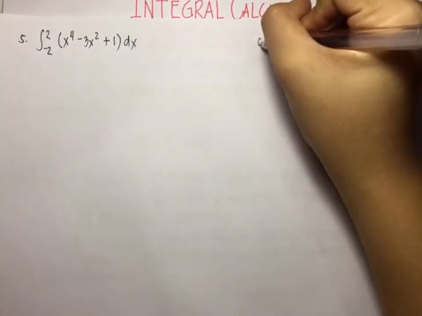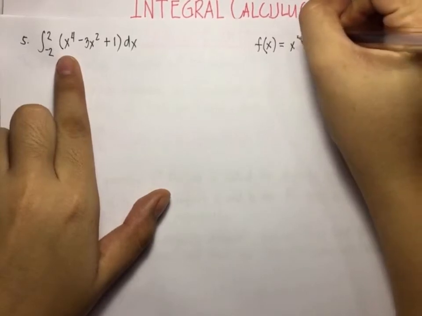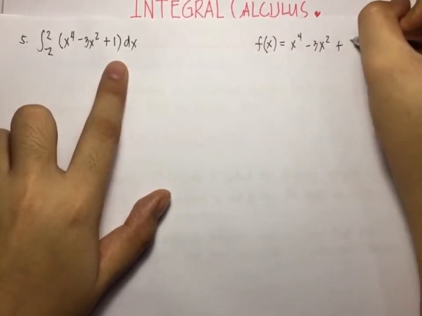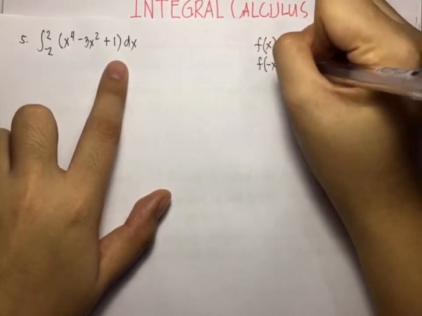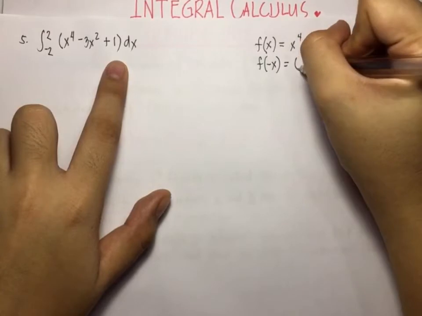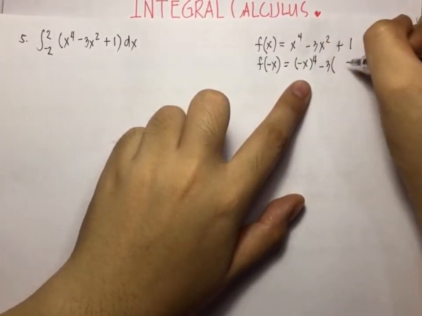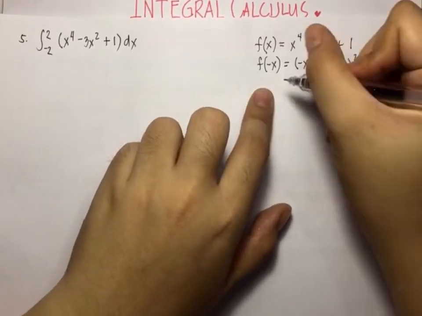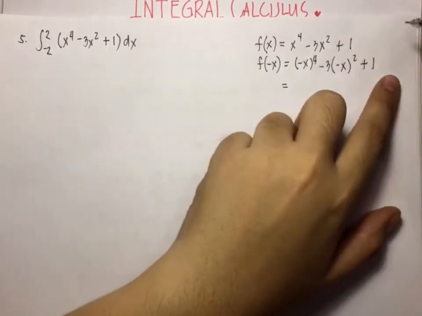So we have f of x equals x raised to 4 minus 3x squared plus 1. Replace x with negative x. So this will become negative x raised to 4 minus 3 times negative x raised to 2 plus 1, equals, what's negative x raised to 4?